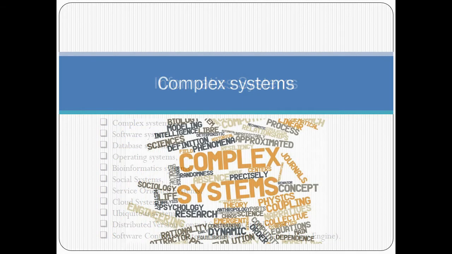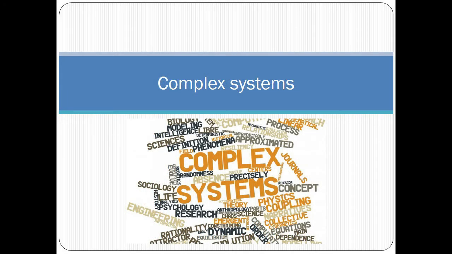Next, we'll start discussing in detail what a complex system is. Complex systems have influence in many domains like biology, psychology, sociology, and computer science itself. Various analyses are done for the emerging properties of these systems, and systems engineering has taken complex systems as one of its important theories.